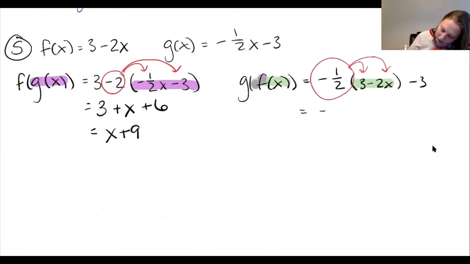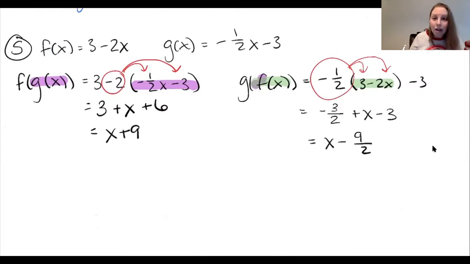We'll get negative 3/2 plus x minus 3. Once we combine our like terms, we get x minus 9/2, or if you did this as a decimal, which is perfectly fine, you might have minus 4.5 instead. So we see that we don't just have x. There are some extra things that didn't quite cancel out.